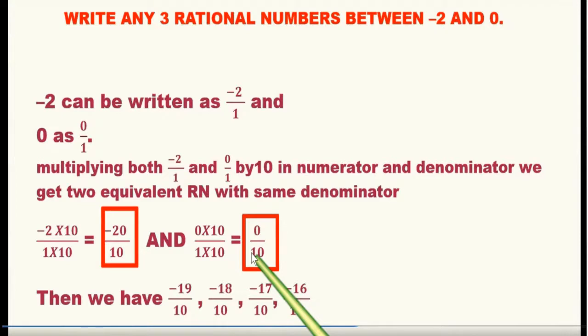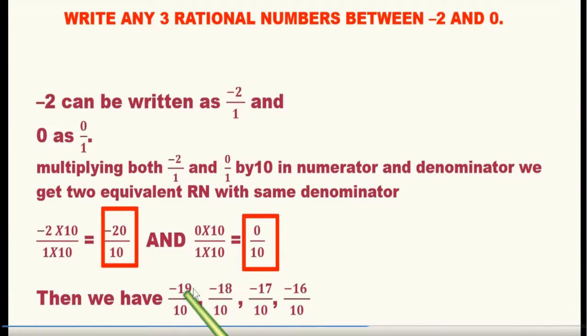Now we have to write three rational numbers between minus 20 by 10 and 0 by 10. It is very simple. You can start by taking different integers in the numerator like minus 19, minus 18, minus 17, minus 16. The denominators will be same. Did you notice that the integers in the numerator are in increasing order?